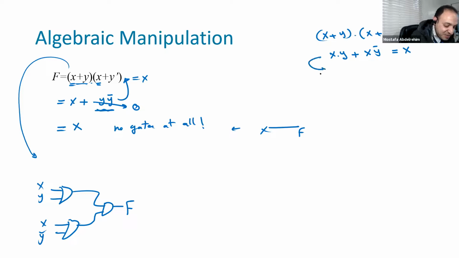This is easier to prove, because you can just take x as a common factor, then y or y bar is equal to 1. So you have the duality, and you can also do it from scratch, assuming that you don't know such a property. Okay, let's have another example.